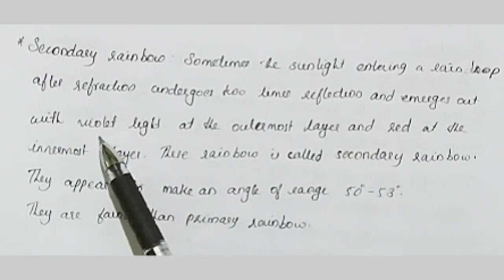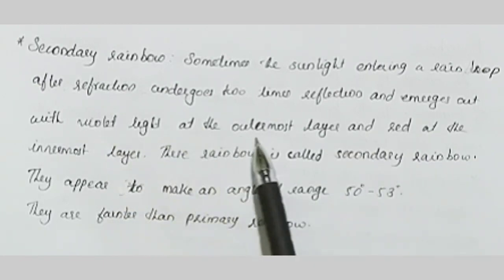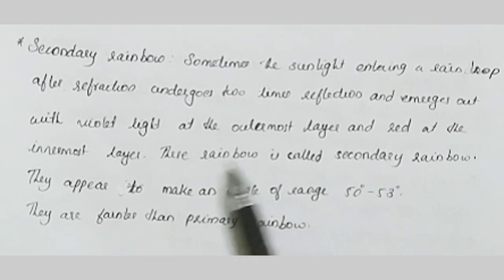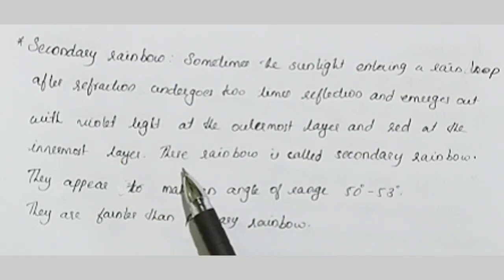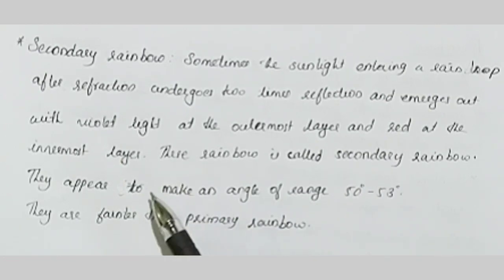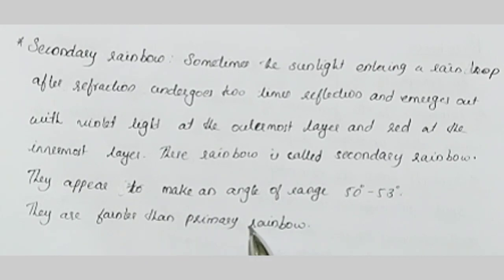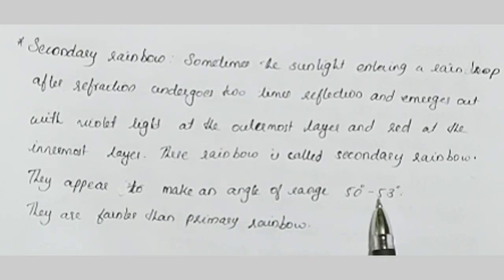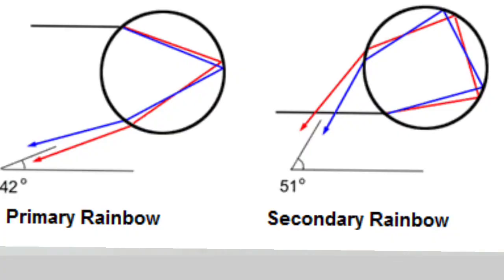In the secondary rainbow, we have violet light at the outermost layer and red light at the innermost layer, and the secondary rainbows are fainter than the primary rainbows, and they appear to make an angle in the range of 50 degrees to 53 degrees. So this is about the phenomenon of dispersion and the formation of rainbow in nature due to dispersion.